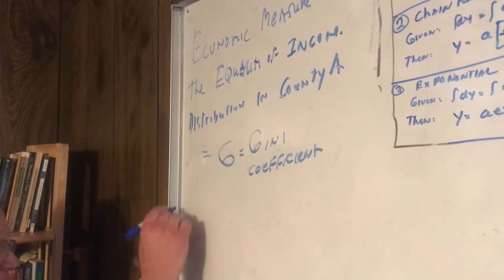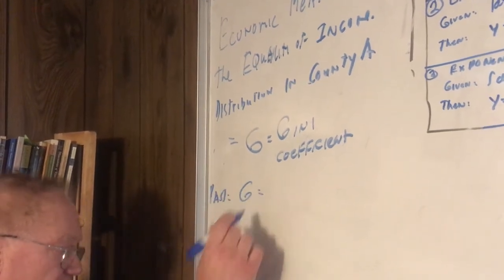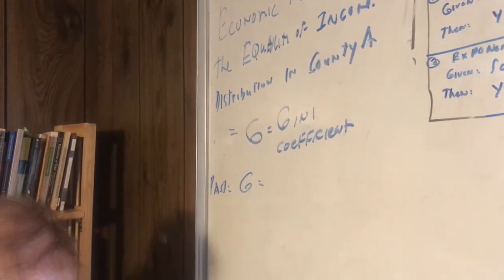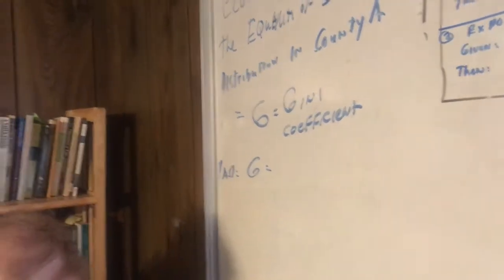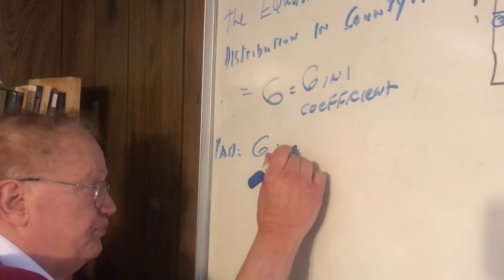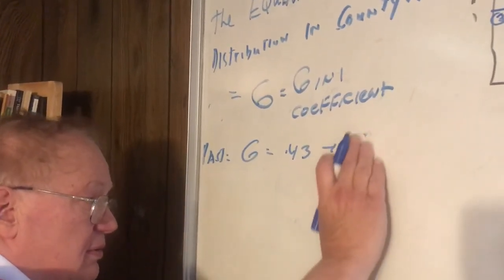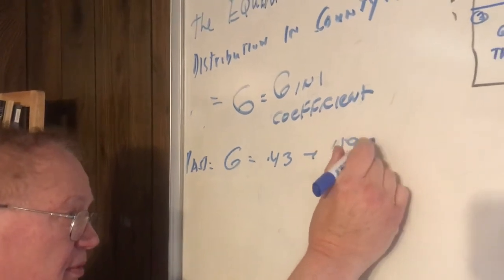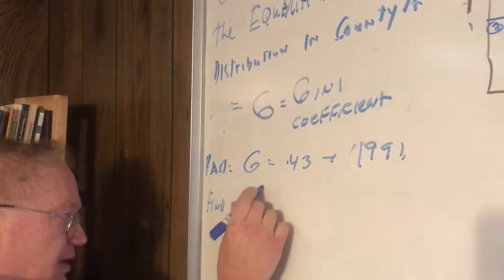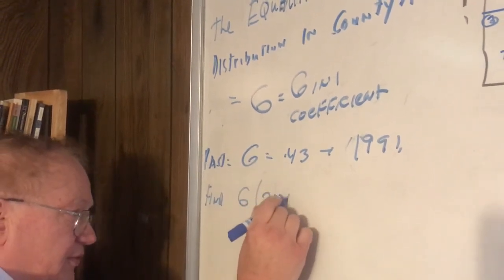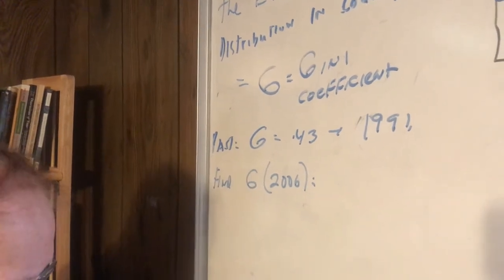And what they found out, they had a past, gave them a G equals, let me look at it, 0.43. And that was in 1991. Now they want to find G in 2006. Well, let's look at a formula for G, which they give you.